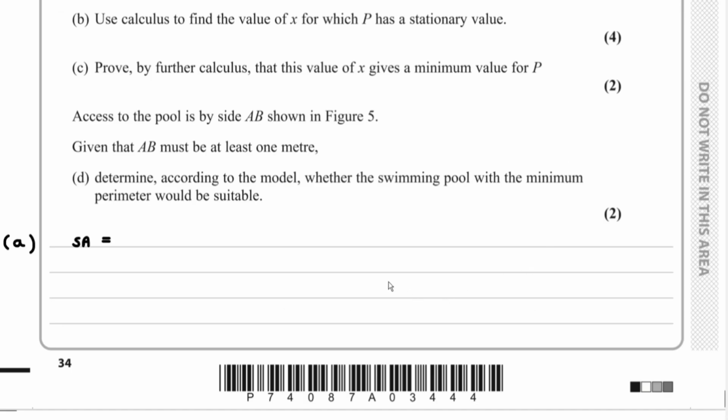So the surface area is equal to 2xy, those are the two rectangles, plus pi x squared over 4, that's the quarter circle. And we know that the total surface area of the swimming pool is 100 meters squared, which means 2xy plus pi x squared over 4 equals 100.